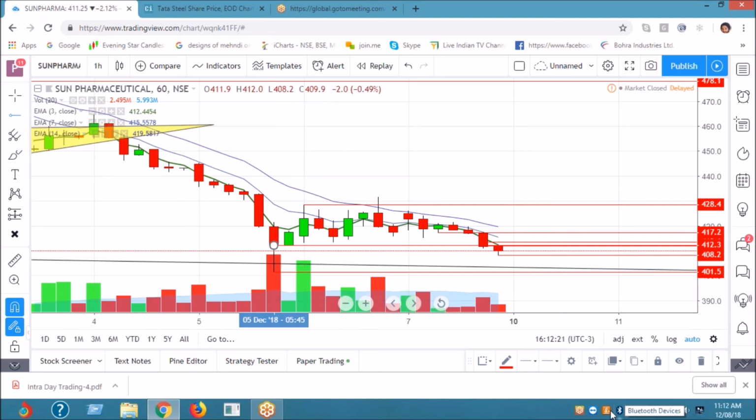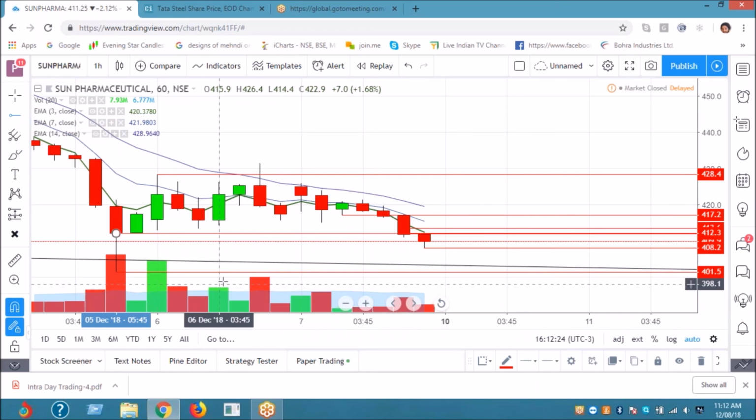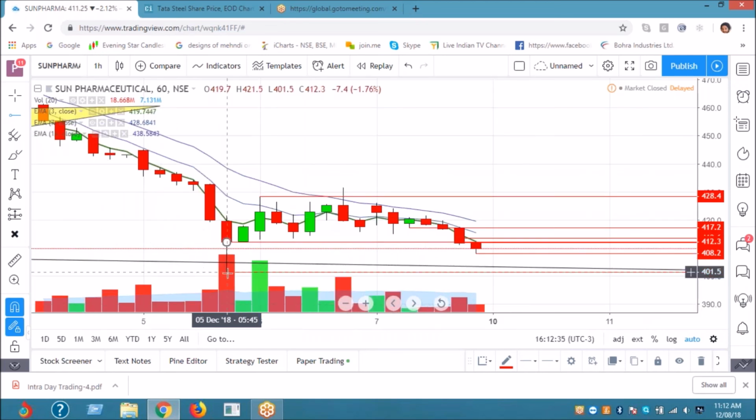So what is this 428? 428 and 412, how much? 16 points. So if we break the previous low, which is 401, minus 16 points, that's 385.